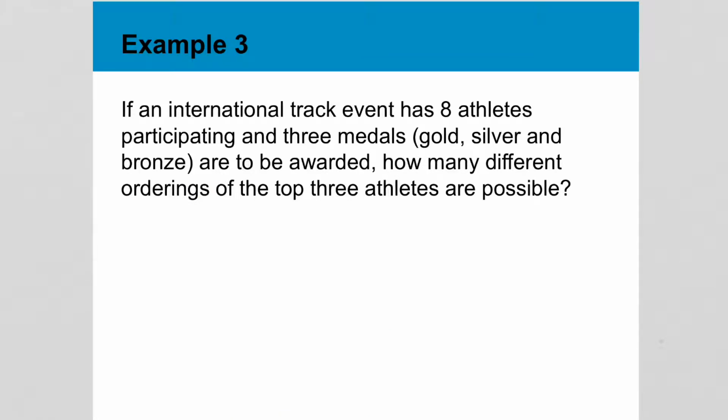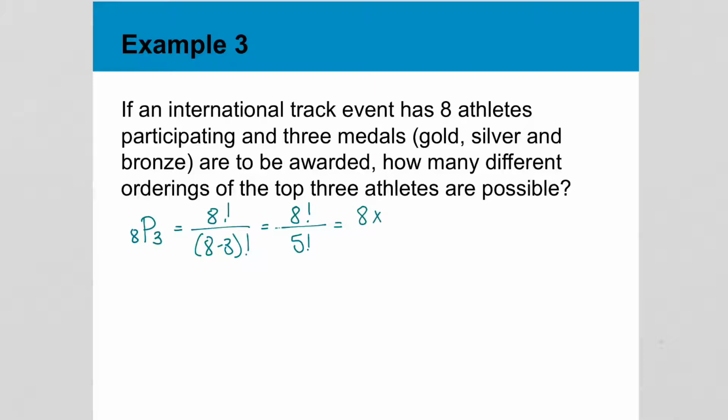If an international track event has 8 athletes participating and 3 medals are to be awarded, how many different orderings of the top 3 athletes are possible? So there's 8 athletes and 3 possible medals. That would be 8 factorial over 8 minus 3 factorial, or 8 factorial over 5 factorial.